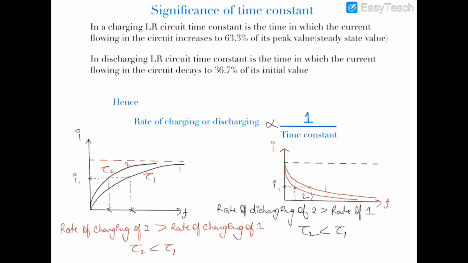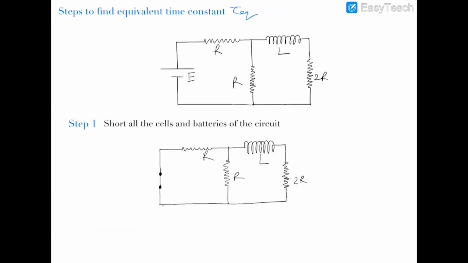So it is very easy to change the time constant, or you can also use rheostats to continuously vary the time constant. Now in complex circuits you would see that there are many resistances connected with a single inductor along with some batteries. So how to find out the equivalent time constant in such circuits?